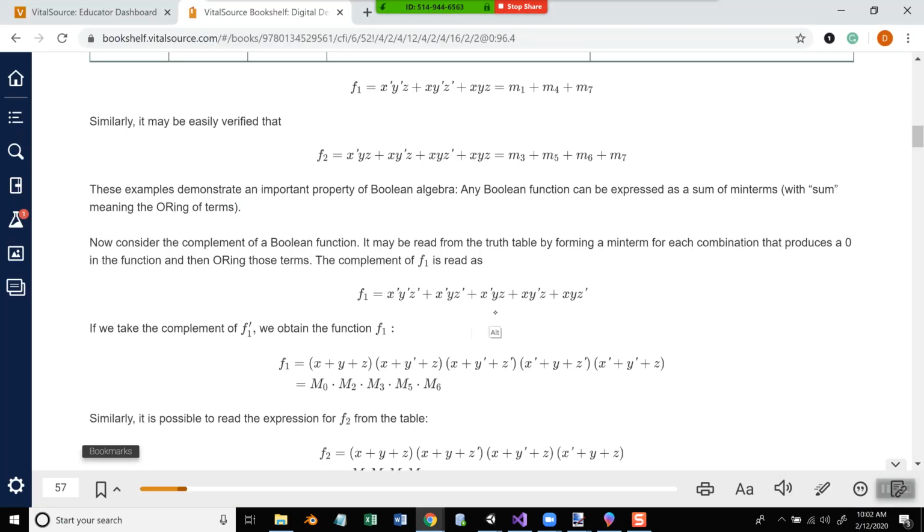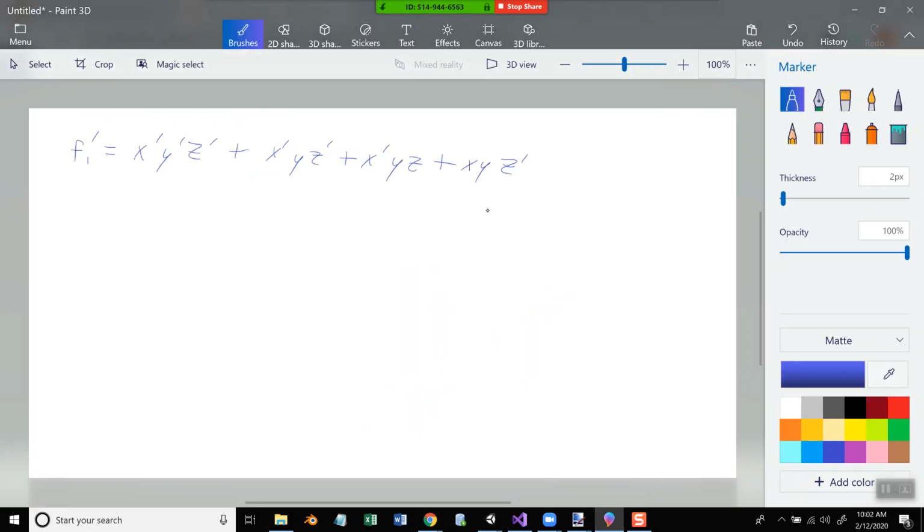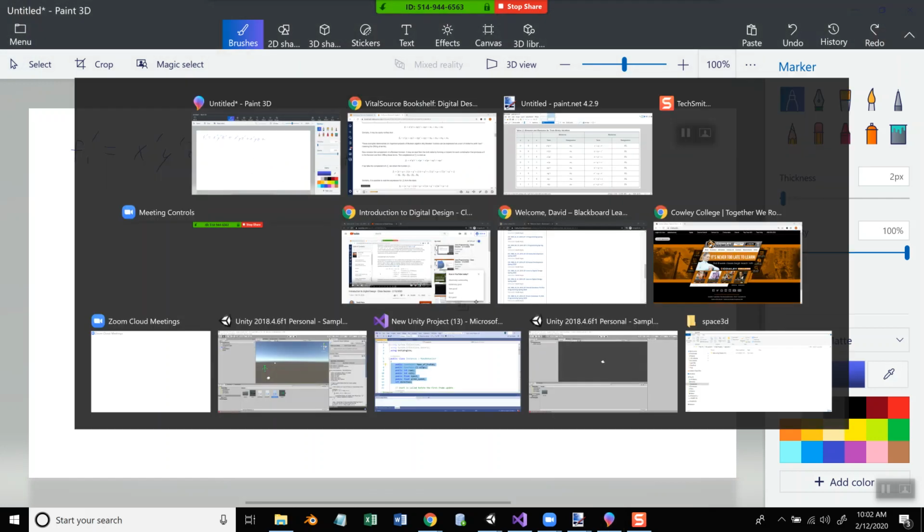Something's missing. It should be 5. 1, 2, 3, 4. Okay. X prime, y prime, z prime.